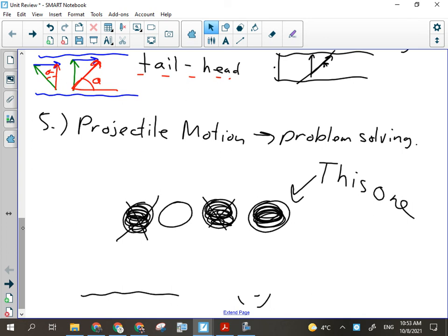Question number 5, a graphing question. That graphing question has 3 parts. Question number 6 is your vector addition question, so the vector components question.